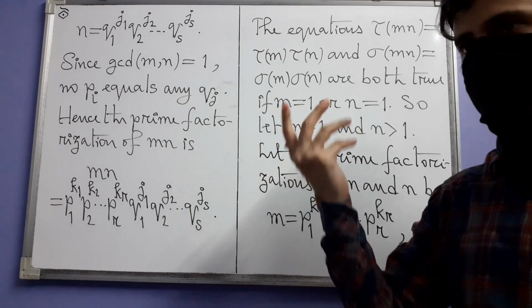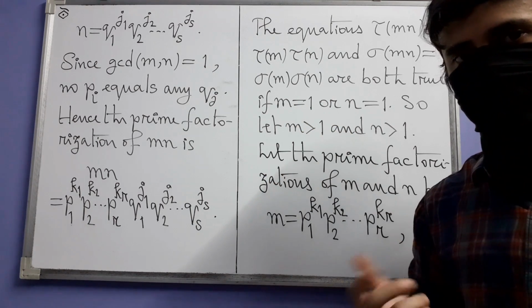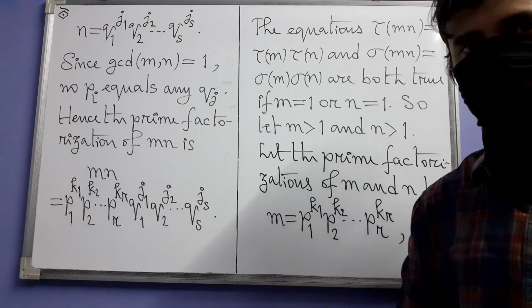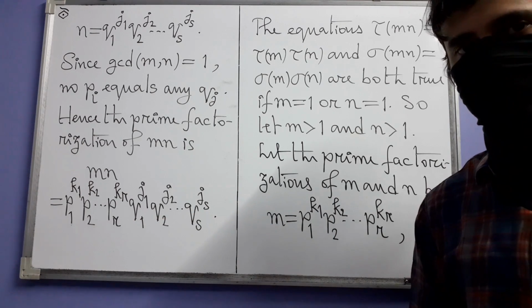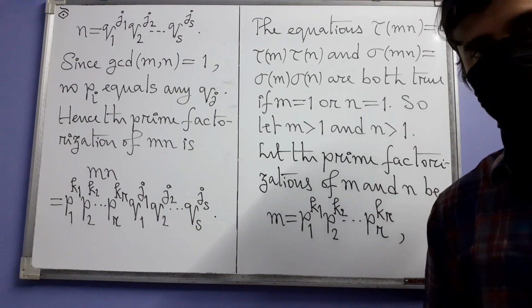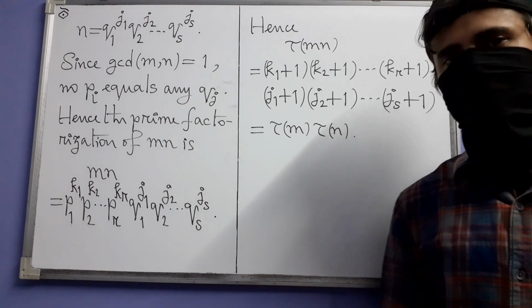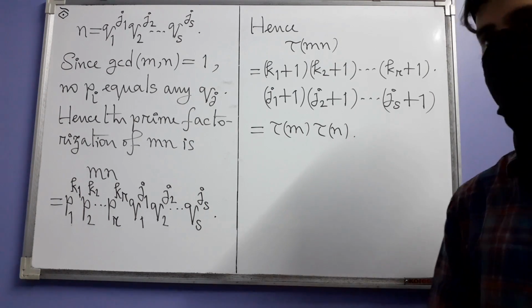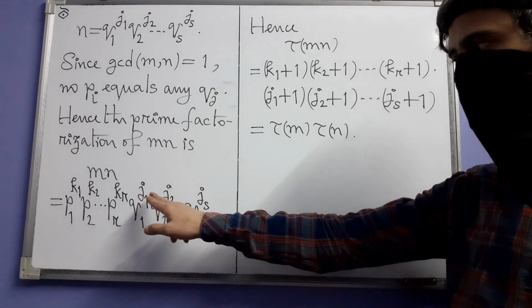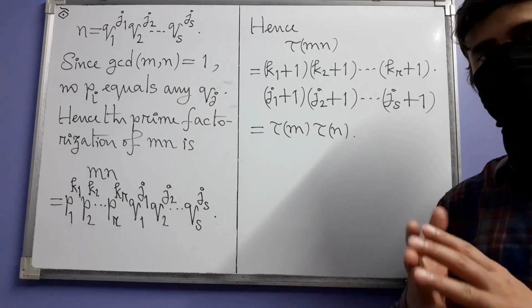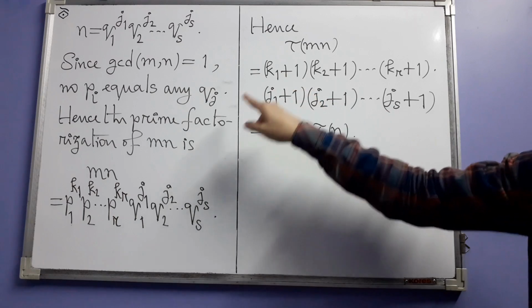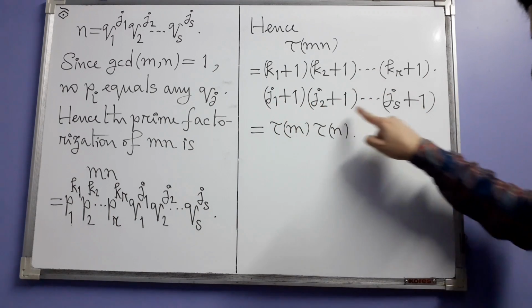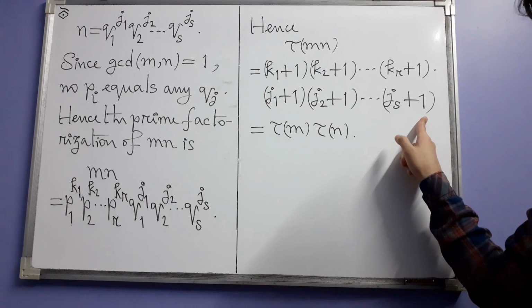So we can apply our already proved formula for tau and sigma to this prime factorization of mn, and let's see what we get. So tau of mn will be obtained by what? What is our formula for tau? We have to add 1 to each exponent and take their product, which for mn is this entire product.